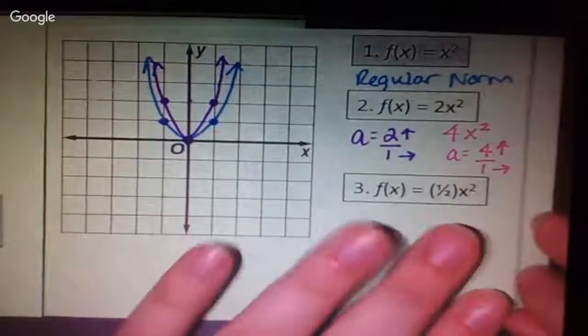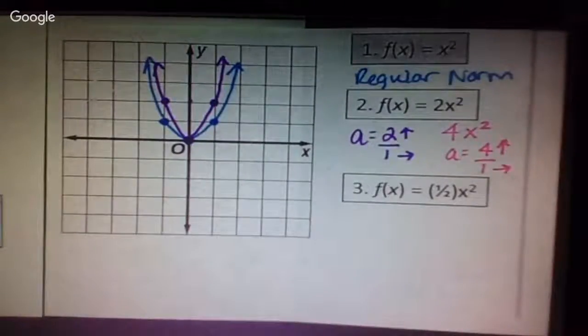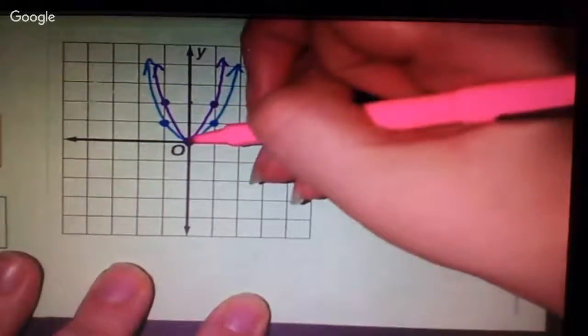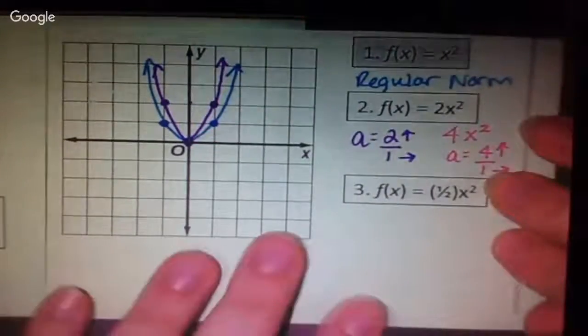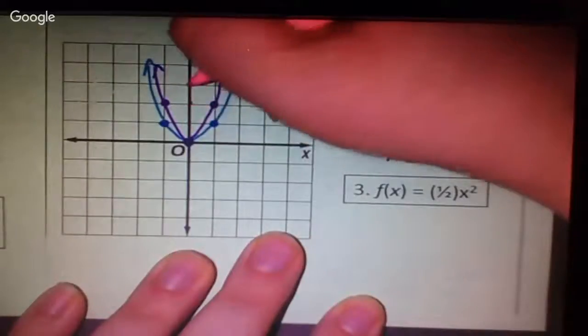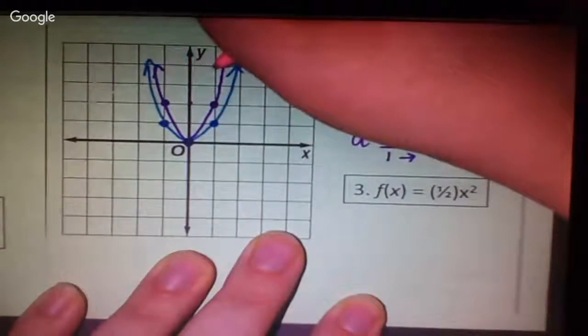So this always starts from the vertex. My vertex is still at 0, 0, because again, there's nothing added or subtracted to your x, which would move it left or right, and there's nothing added or subtracted to the outside, which would move it up and down. So that tells me we start at the vertex. Now my first point goes up 4 and to the right 1.